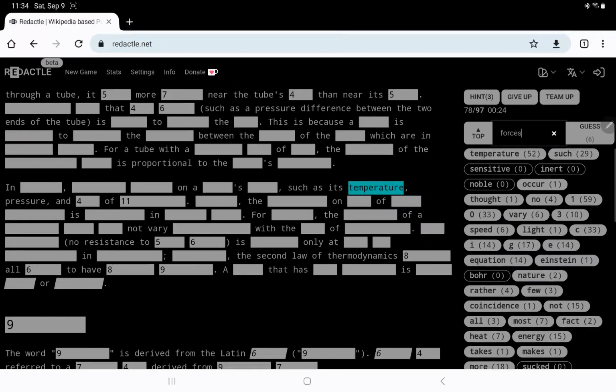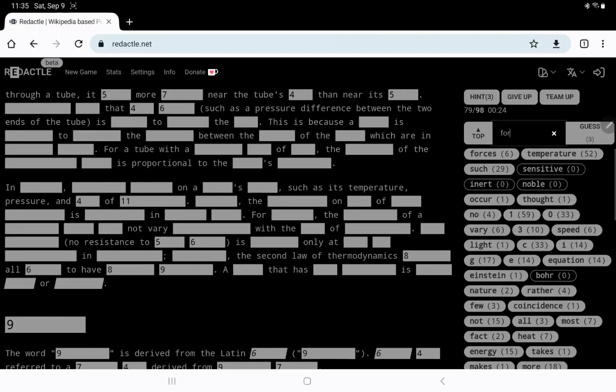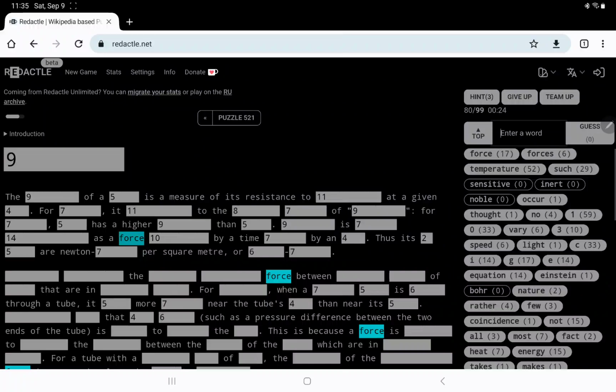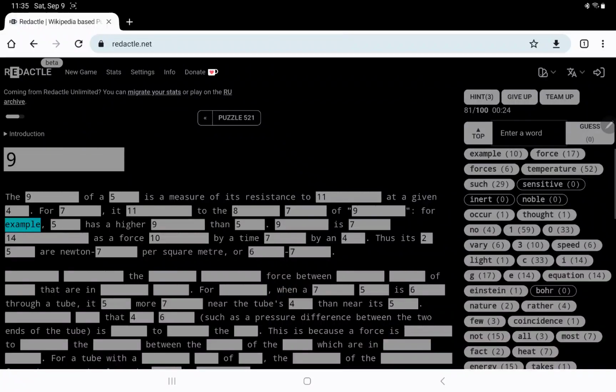How about forces? No. Have I done force? Aha. All right. In the first paragraph, for example, so I think this 4/7 is, well, obviously it's not for example, so I think it must be for some types of objects.